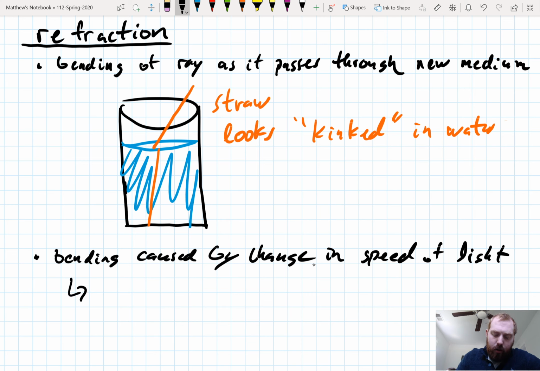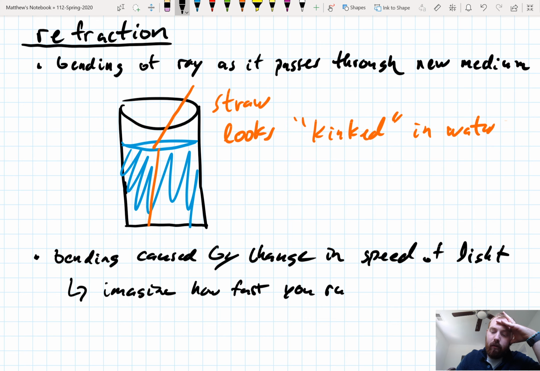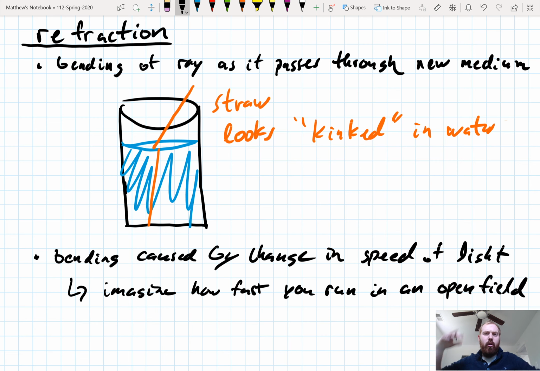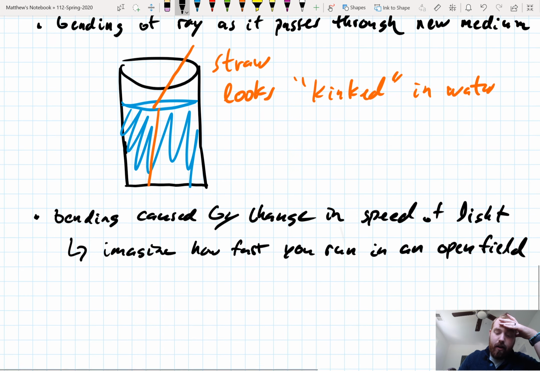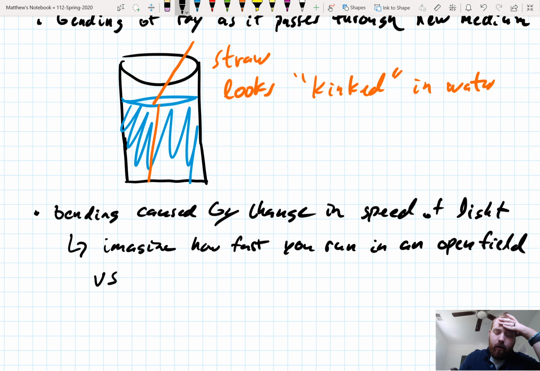So to get an idea of what's going on here, think about how fast you run. Imagine how fast you can run in an open field. All right, so you're doing your dead sprints, you're moving as fast as you possibly can. Now, compare that to your top speed in a crowded hallway.